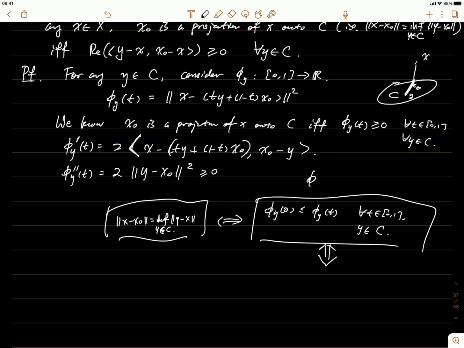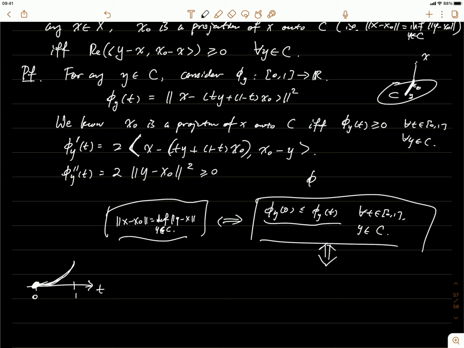Okay, and then I have 0 and 1, so in t I have a convex function over this [0, 1] interval, and this point has the minimum value if and only if it must be going up, because it's a convex function. So that means that the derivative here must be positive, well, non-negative at least.